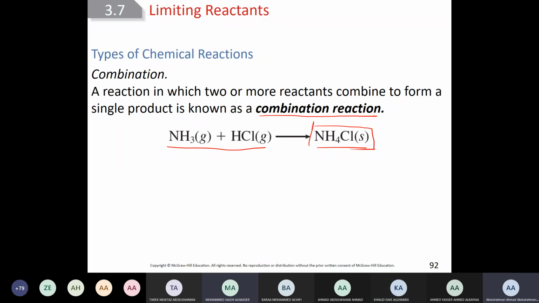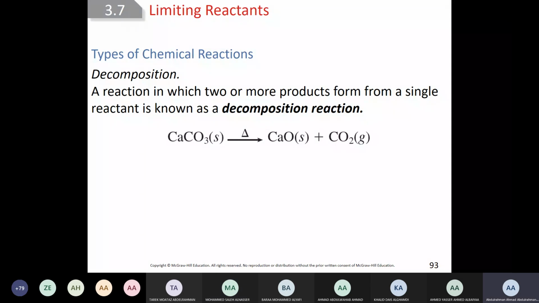Combination reaction. Why? We're combining X plus Y to make XY. What type of reaction is this one? Combination reaction.